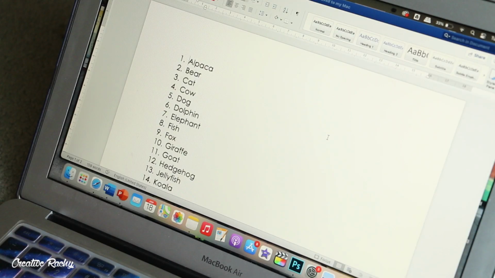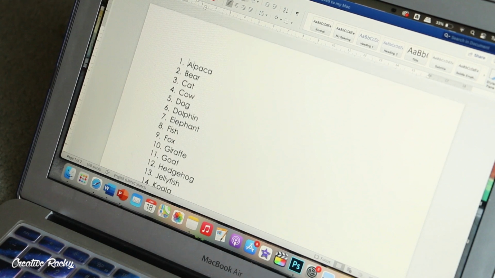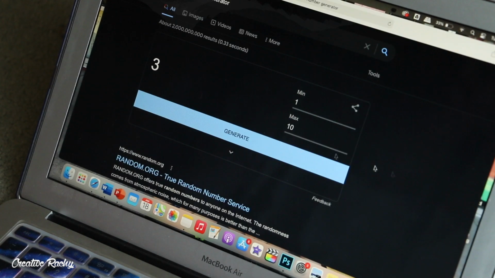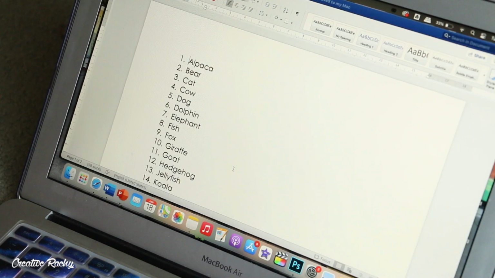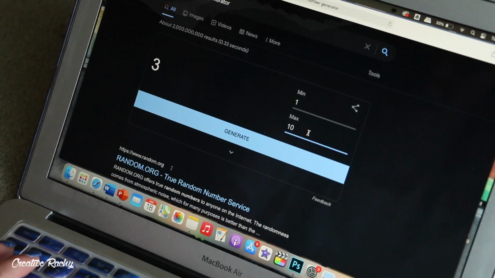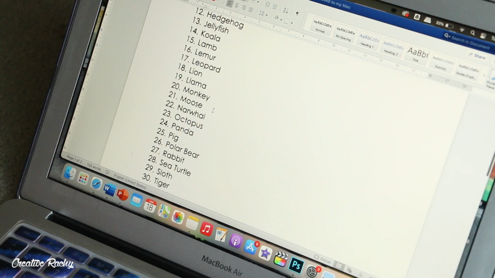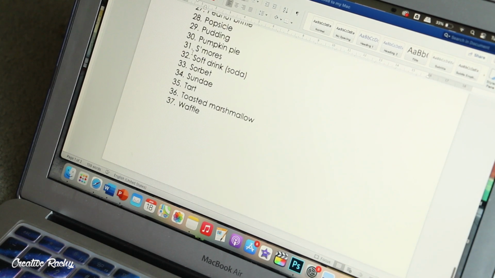Alright, so I'm going to find out what I'm going to be making. Here are my lists of animals and desserts, and then I've also got the random number generator over here. So the first thing I need to do is find out the first animal. There's 32 types of animal possible, and I am going to be making 21, a moose, so that's the first animal, and then I need to check the desserts.